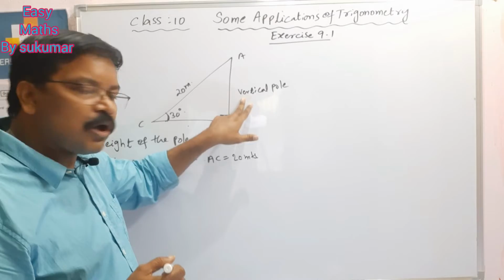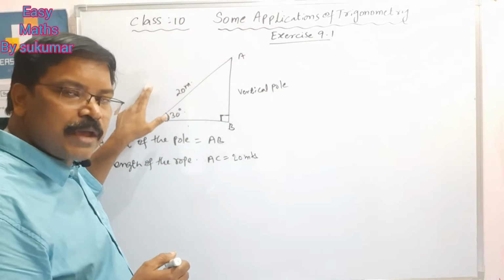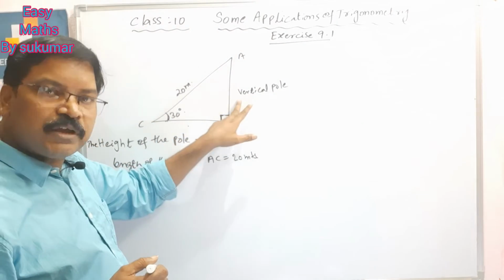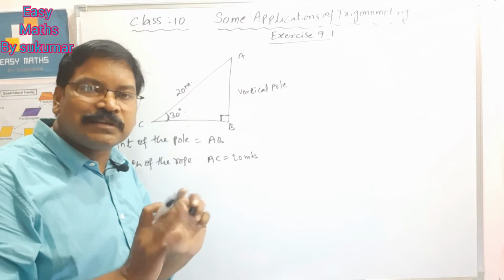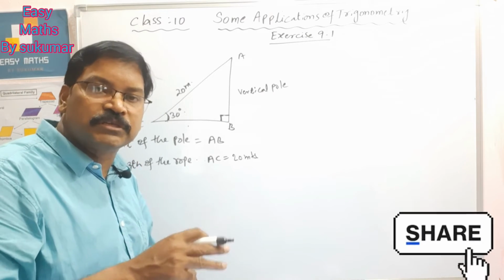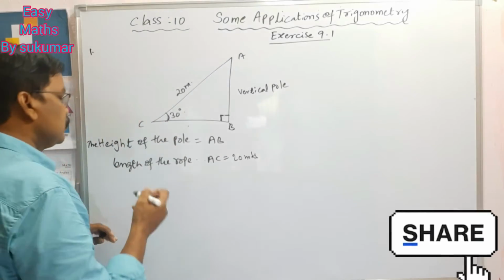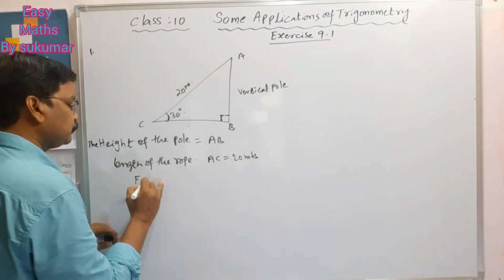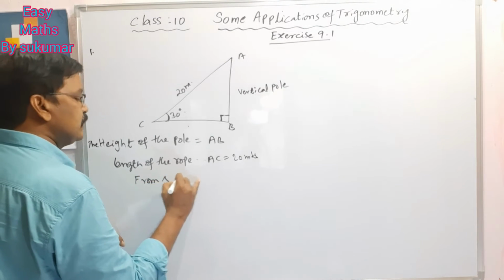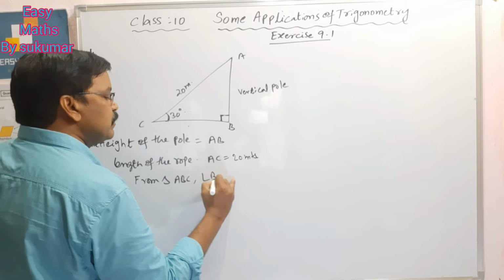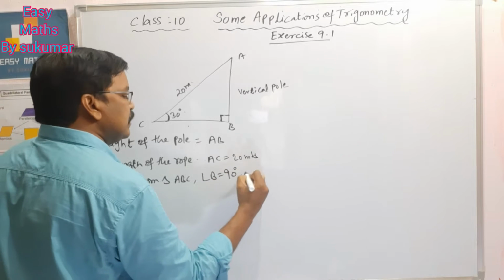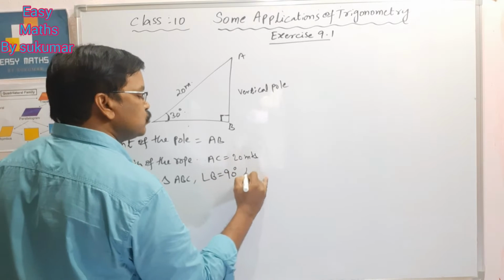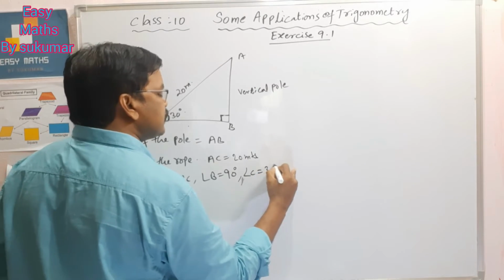We know the hypotenuse, so we have to find the opposite side. What is the relation between opposite side and hypotenuse? Sine, right? So from triangle ABC, angle B is equal to 90 degrees and angle C is equal to 30 degrees.